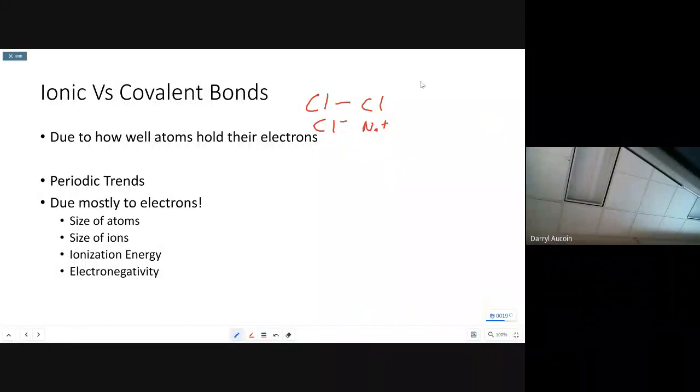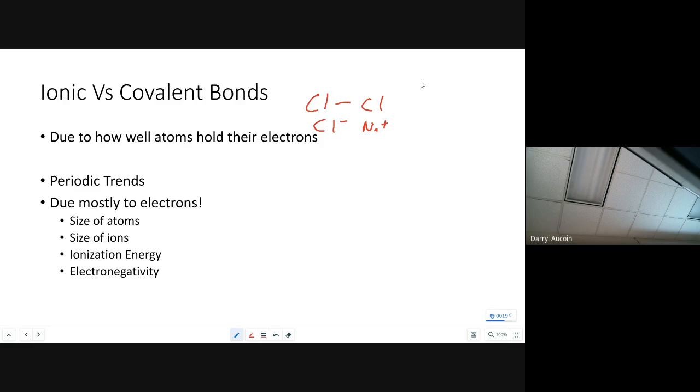It has to do with the electrons, right? So it has to do with how well atoms share with each other, their electrons, versus atoms give away or take electrons. Sort of has to do with how well the electrons actually are held to those atoms to begin with. Some atoms are really, really, really good at holding on to electrons, and other atoms are not so good at holding on to electrons.